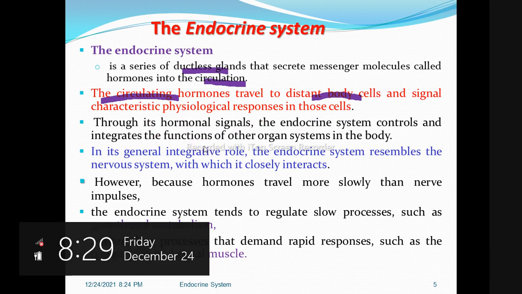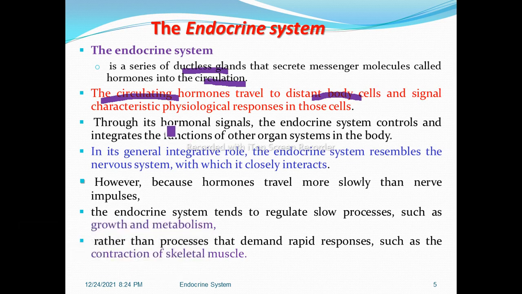and integrates the function of other organ systems in the body. So the endocrine system, like the nervous system, has the function of controlling and integrating the function of other organ systems in our body.